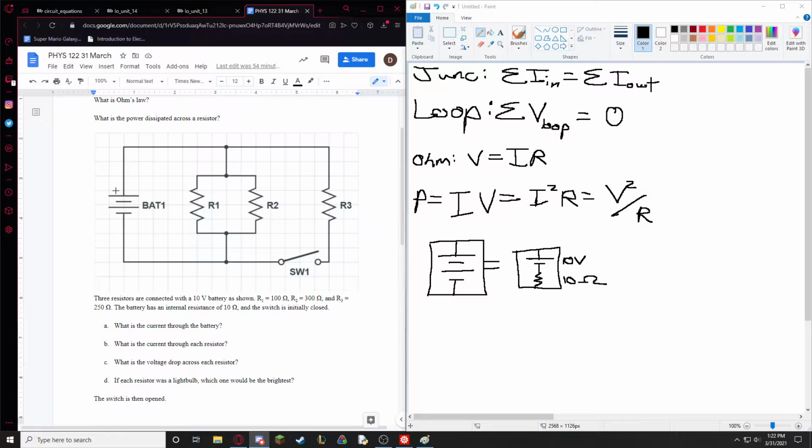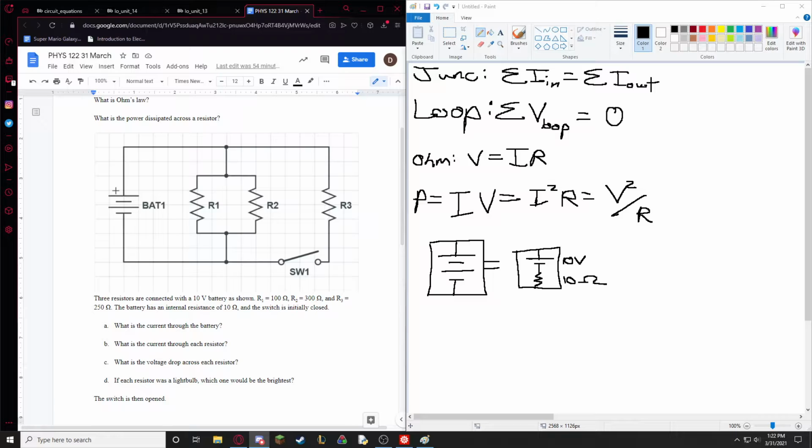We're given our resistances and the voltage. So it would be as simple as finding the, I forgot the word, equivalent resistance between R1, R2, and R3.